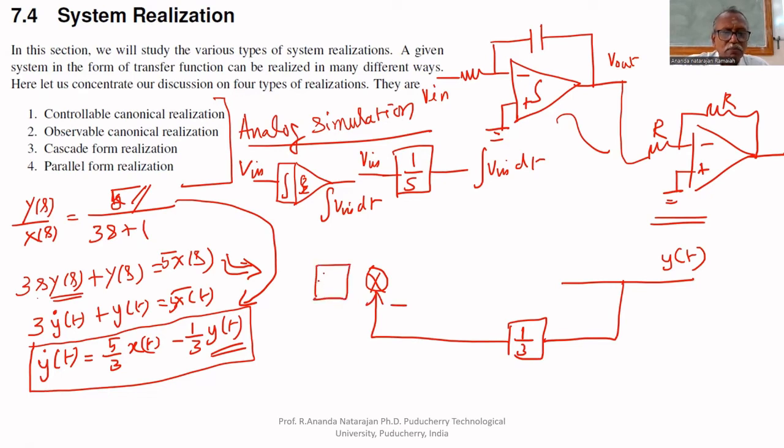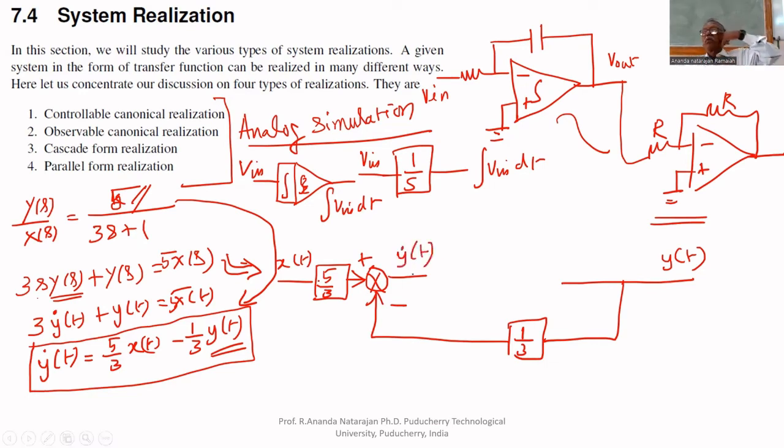5 by 3 times x of t is given here. If you add these two together, 5 by 3 times x of t, and minus 1 by 3 times y of t, we are assuming that y of t is available. If you subtract these two, what you will get is y dot of t.